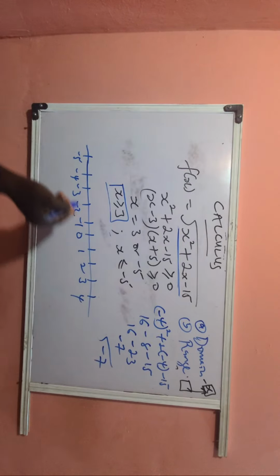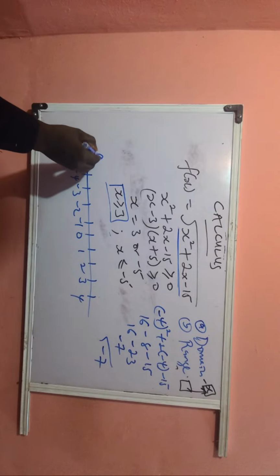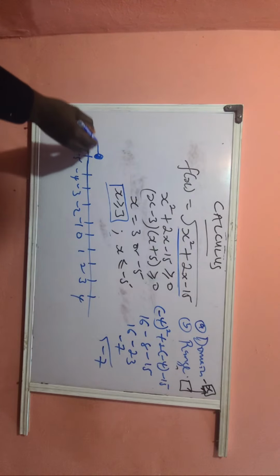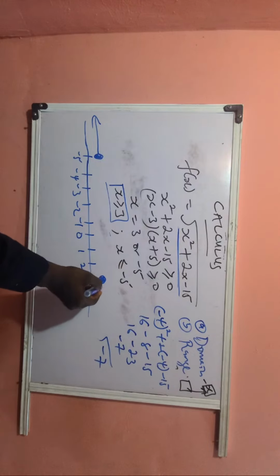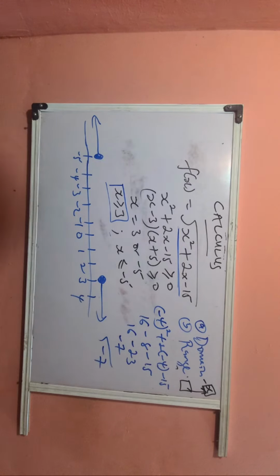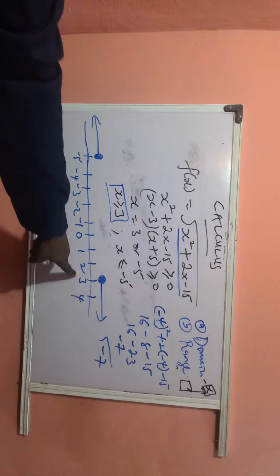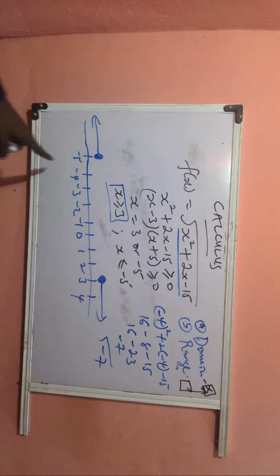So your x value starts from here and moves down like this, starts from here and moves down like this. So all the values in between here are not featured, so are not acceptable because those values will produce answers that would make your square root not solvable.